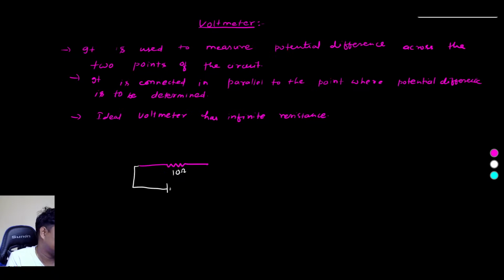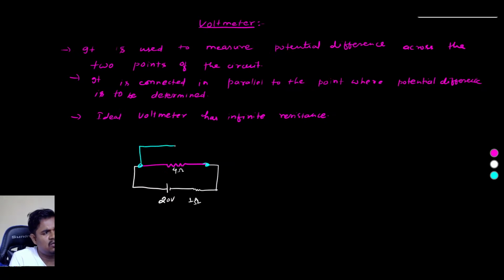Current is flowing, battery is of 20 volt, let's say, and this is 4 ohm. Its internal resistance, I'm saying it as 1 ohm. Now I have to measure the potential difference across this resistor.